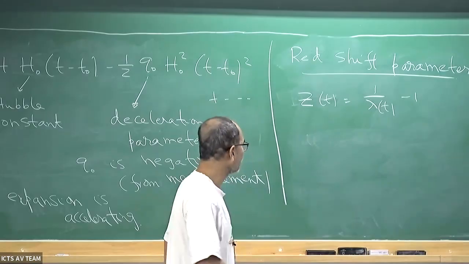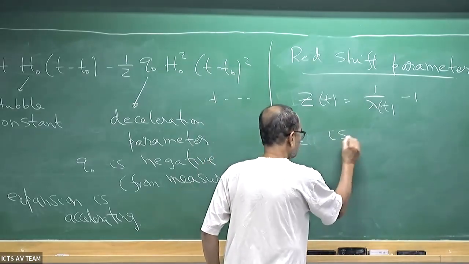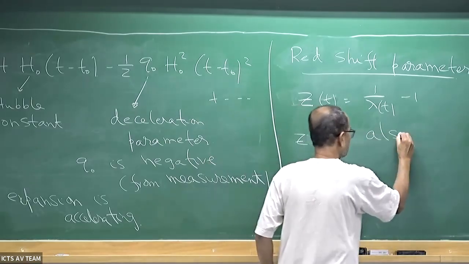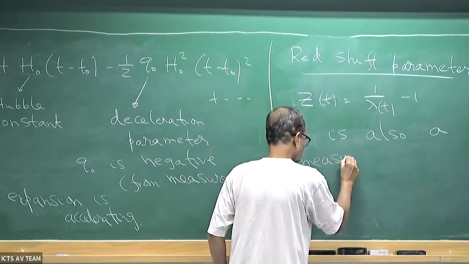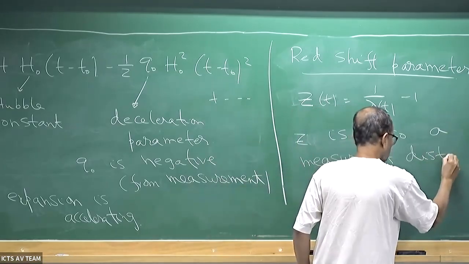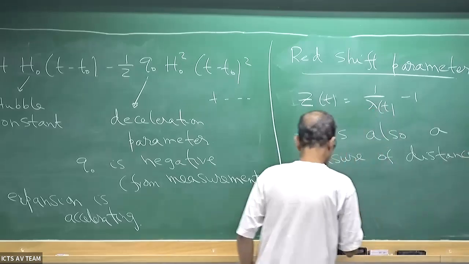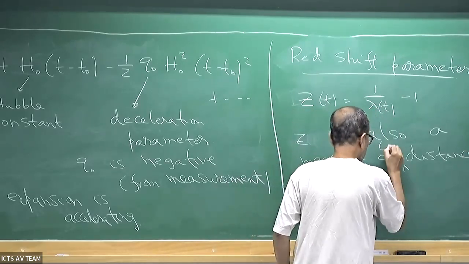Z is also a measure of distance. Yeah, co-moving distance, all co-moving indeed.